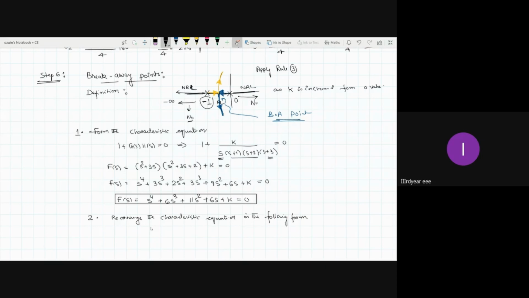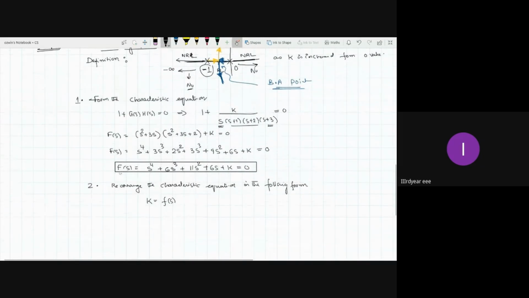So in the following form, as in you keep the K term on one side and you bring your, I'm using small f because you shouldn't get confused with the capital F.